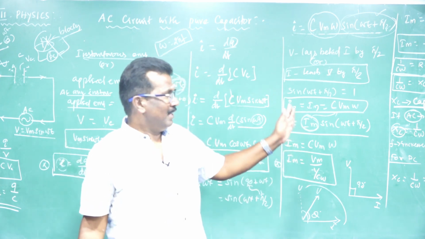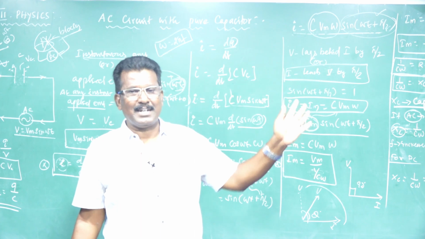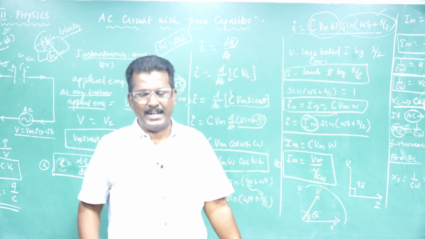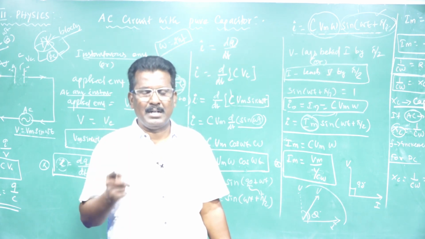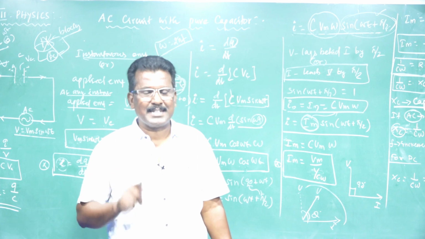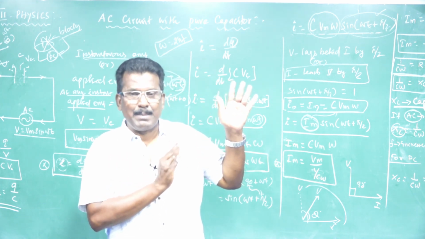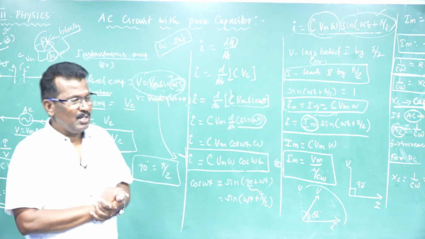So in the waveform, the phase difference between current and voltage is initially pi by 2, and at any instant the current and voltage continuously vary by 90 degrees. When the time changes, the instantaneous EMF and instantaneous current continuously vary. But anyhow, the phase difference between current and voltage remains pi by 2.